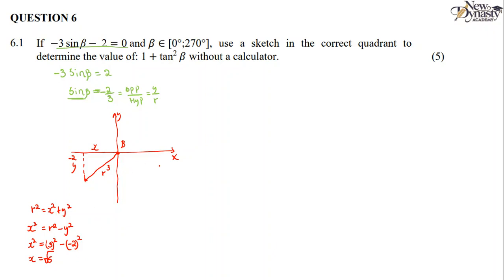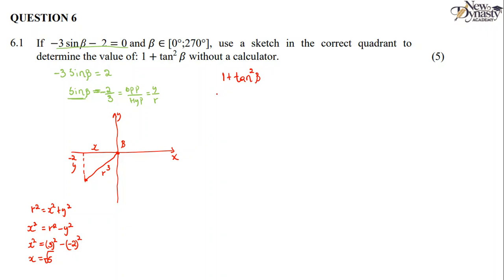Then we are told to determine the value of 1 plus tan beta without using the calculator. So for that purpose, we are answering the question now. This is all you need to do; you need to do all those things before you can answer the question.